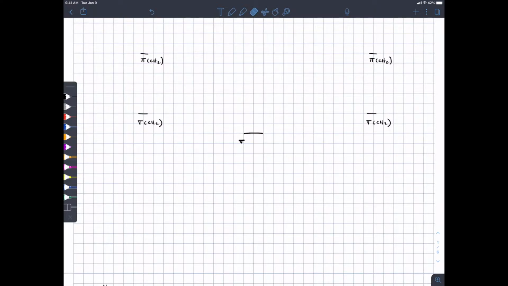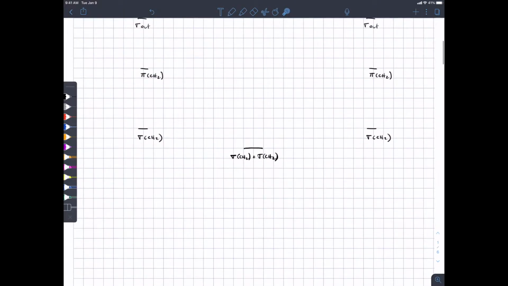Let's put the CH2s in there. This will be lower in energy. This is the plus combination. This will be lower in energy than the two orbitals that we started with. And then there will be a sigma minus sigma that's going to be a little bit higher in energy than the bonding orbital is lower.